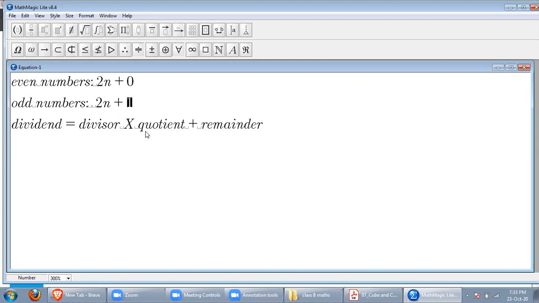Suppose when you divide a number by 3, what are the possible remainders?